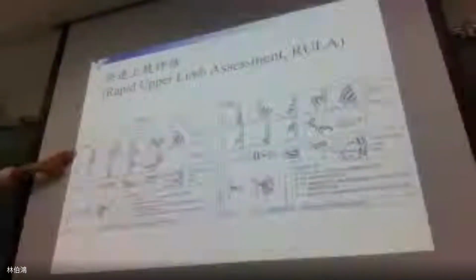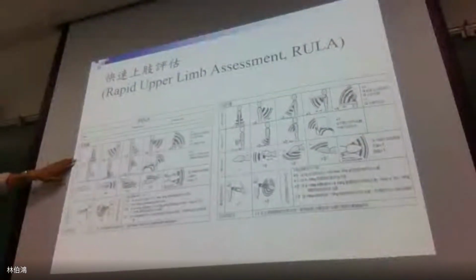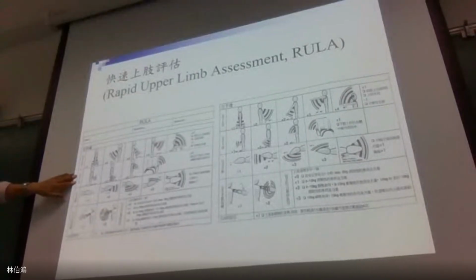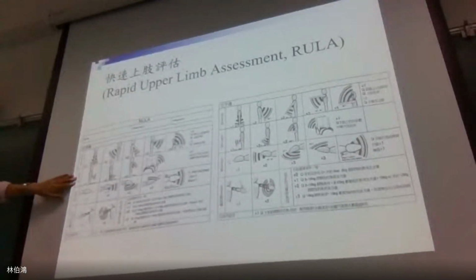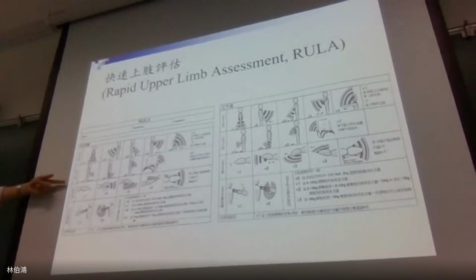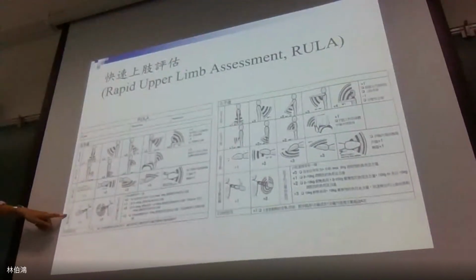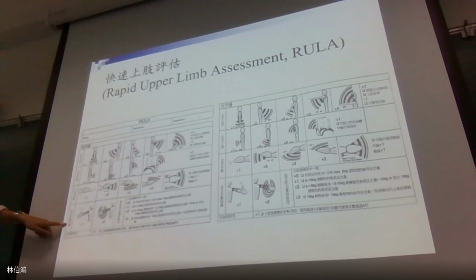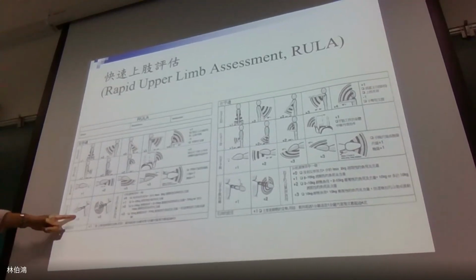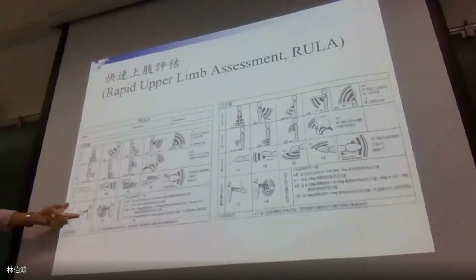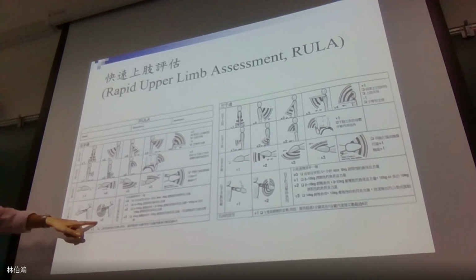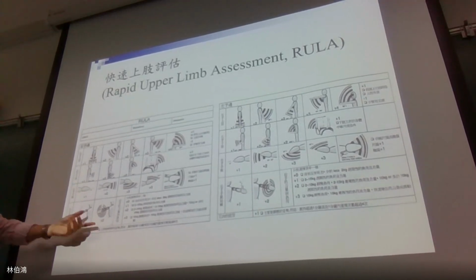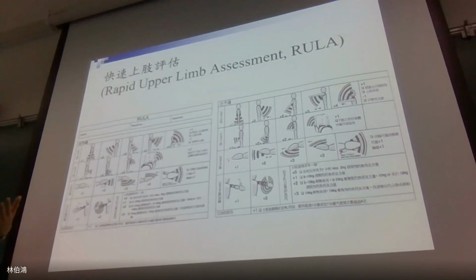So in the evaluation form, you have to check the details about your right hand and the left hand. In your right hand, you can see the upper limb, the lower limb, and also your wrist. And if your wrist is twisted, what is the degree? The angle has a higher point if your angle is larger.